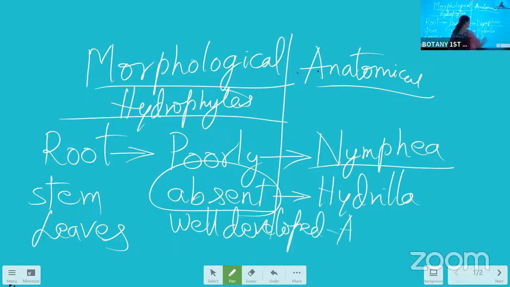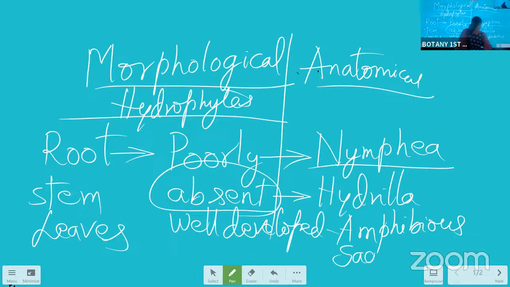You can say only amphibious plants, or else you can give the example, that's up to you. The example is Sagittaria.